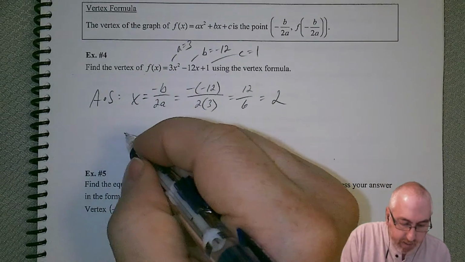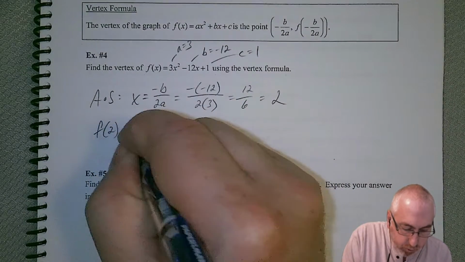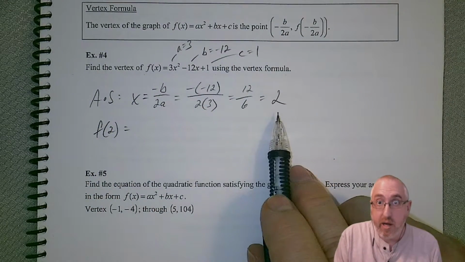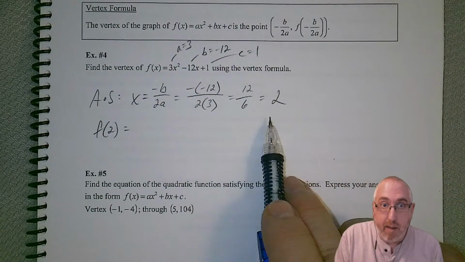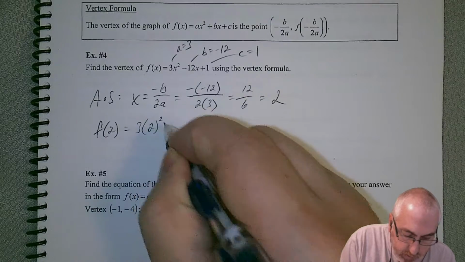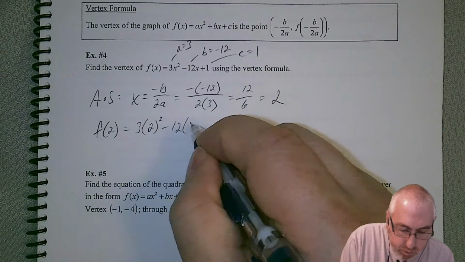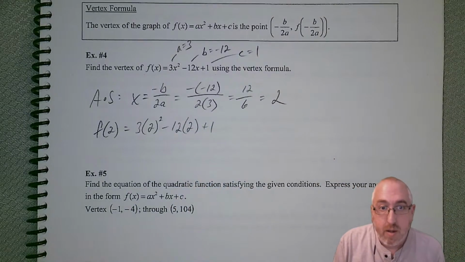All right, and so now let's look at f of 2, because again, we need that y value now, so we can plug that back into the function. So we got 3 times 2 squared minus 12 times 2 plus the 1.